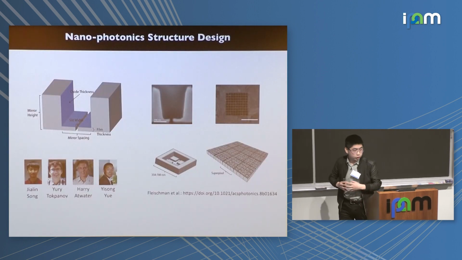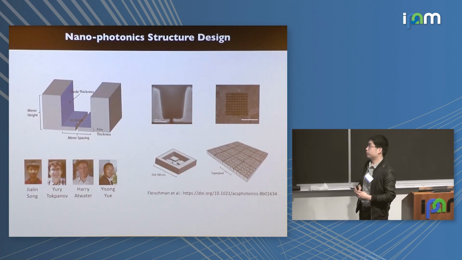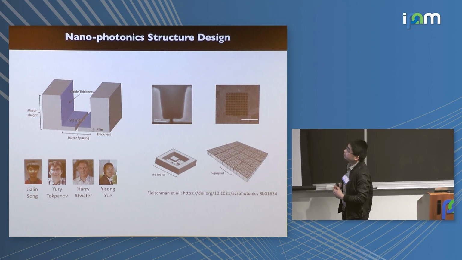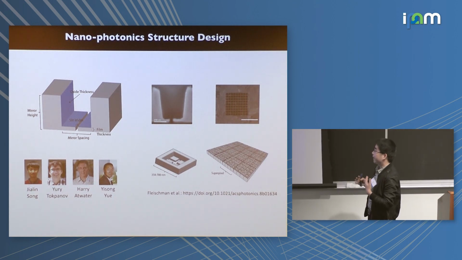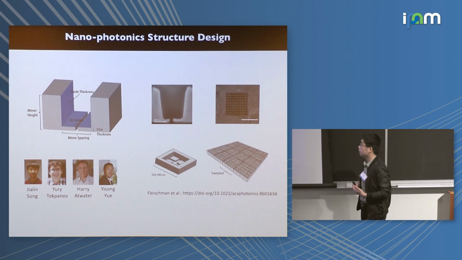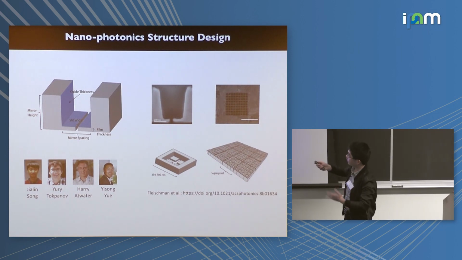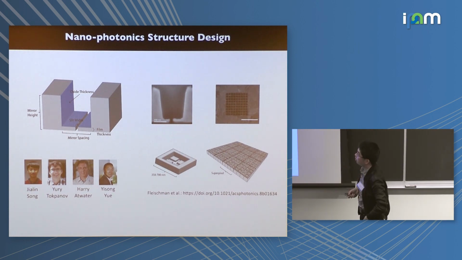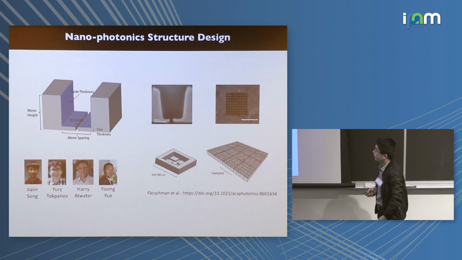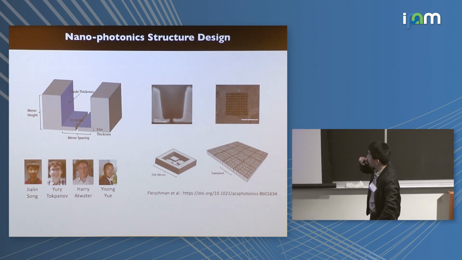Okay, so we're looking at a nanophotonics structure design problem. The goal is to design an optimal material that is best for filtering a particular spectrum of light. We can view that as a single slit experiment, where light passes through and particular bandwidths of the light spectrum are filtered out.